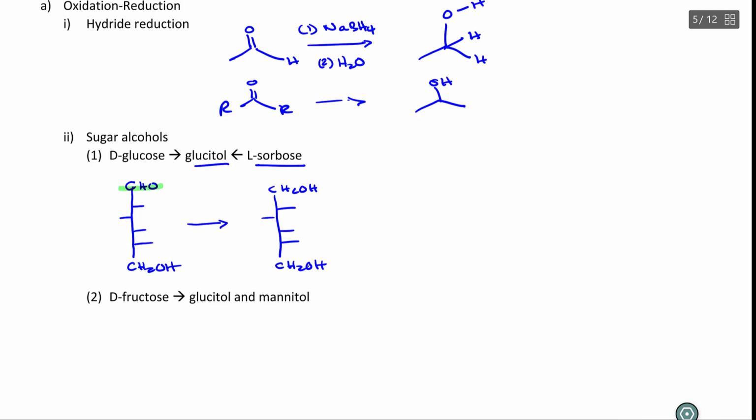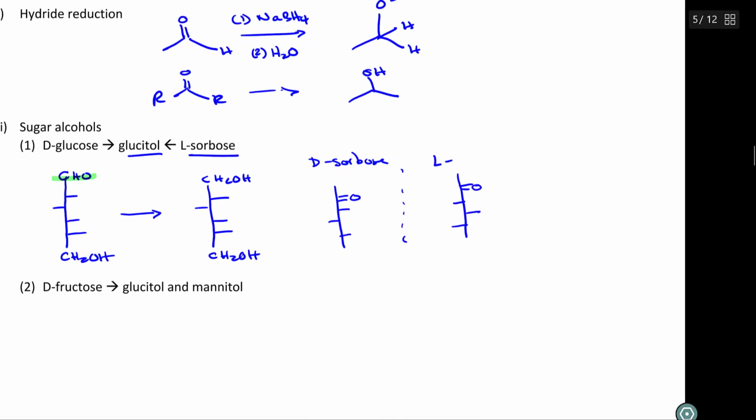And I'll talk a little bit about what kind of test questions you might expect to get. D-sorbose looks like this. So this is D-sorbose. L-sorbose, again, just to practice, you do the mirror image. I'm not going to flip the ketone part because that part doesn't change. And that would be L-sorbose.